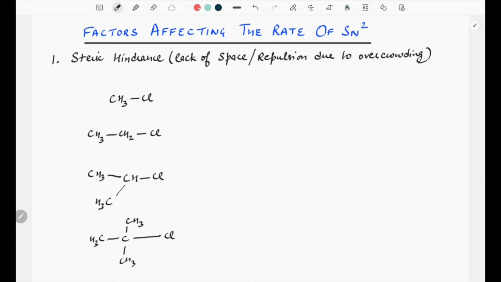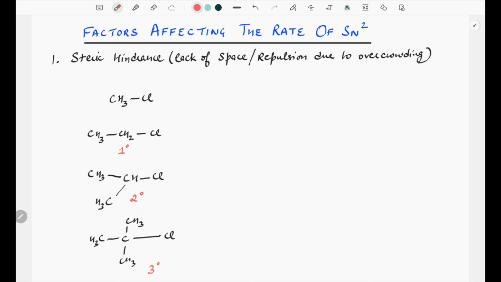So without naming them, we can clearly see this is primary, this is secondary and the last one is tertiary. If you are interested in their names, it is tertiary butyl chloride, secondary isopropyl chloride, this is ethyl chloride.